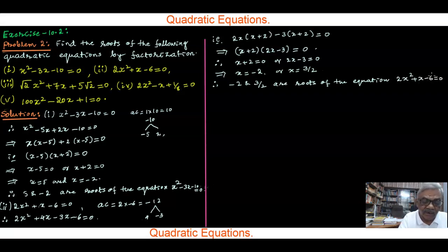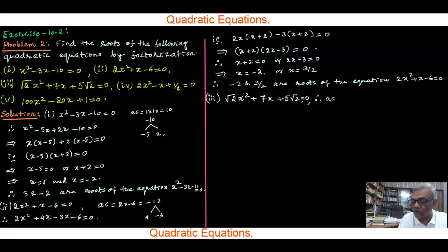And the third example, now we can see. The third example is root 2 x square plus 7x plus 5 root 2 is equal to 0.